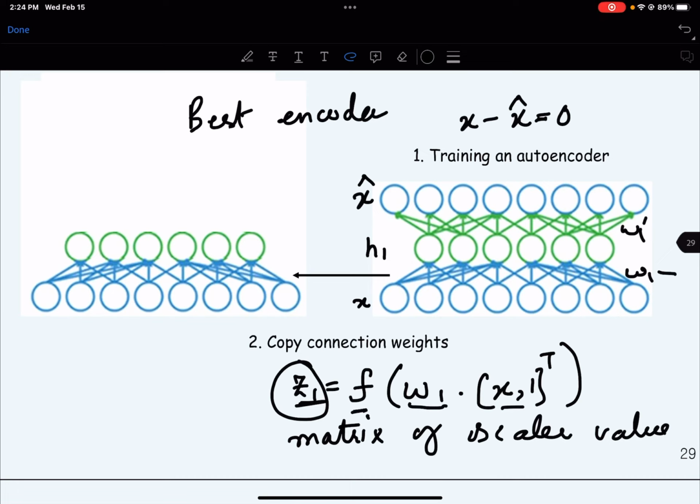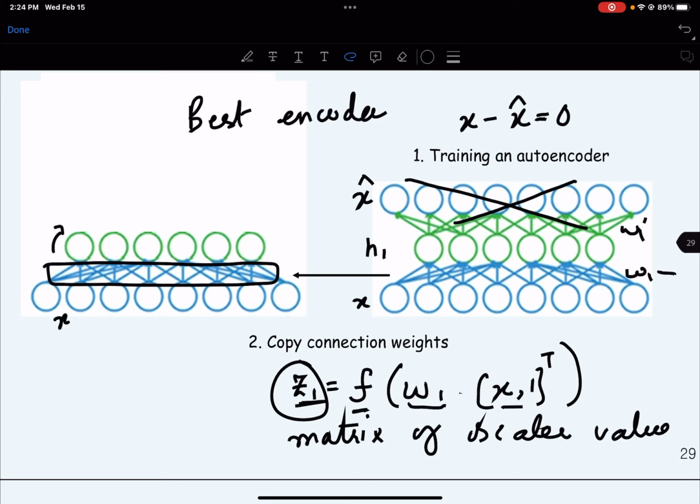And now once it is trained and your error is minimized, we simply remove this part. We chop off this part and we retain the trained part, these weights. So if the input X is given over here, we will have output from your H1, that will be your Z1.